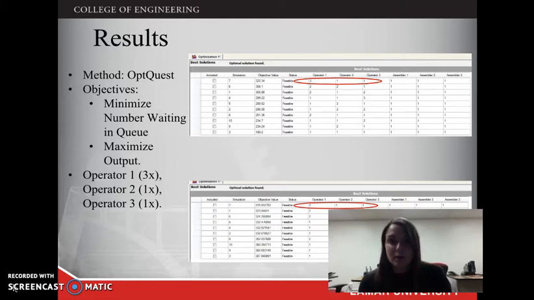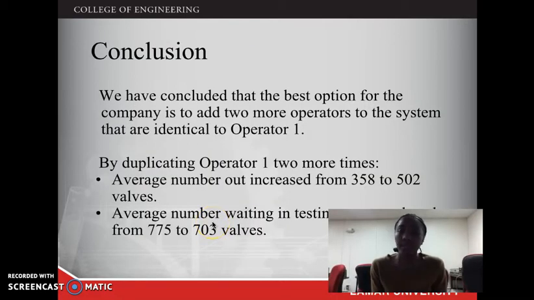As you can see from the images on the screen, we found that the best way to optimize the situation was to have two extra duplicates of Operator 1, since he had the fastest operating time, and then keep one Operator 2 and one Operator 3. We have concluded that the best option for the company is to add two more operators to the system that are identical to Operator 1.